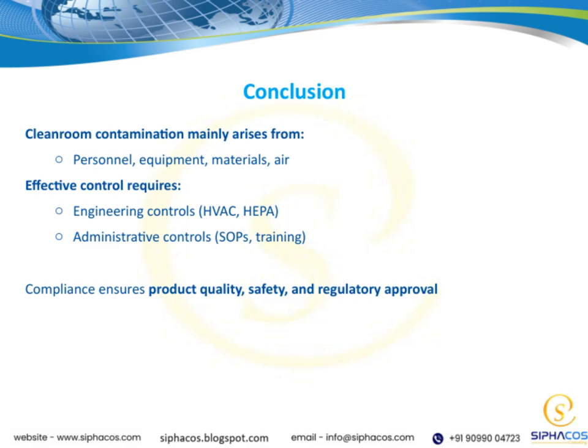They help create and maintain a clean environment by filtering out particles and microbes. At the same time, administrative controls such as standard operating procedures and staff training are essential. These ensure everyone knows how to work properly within the cleanroom and follow best practices.